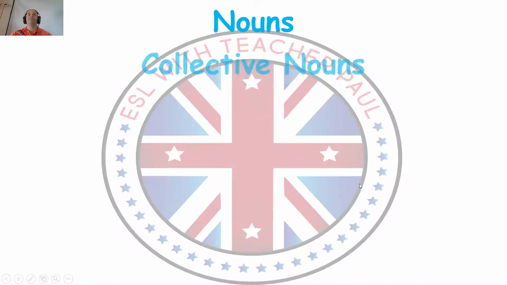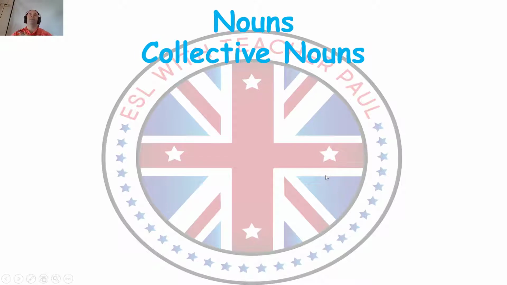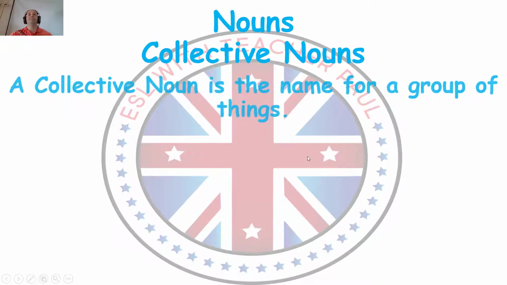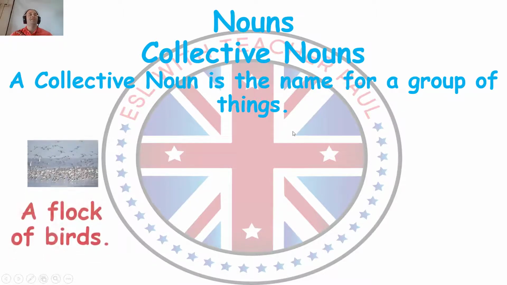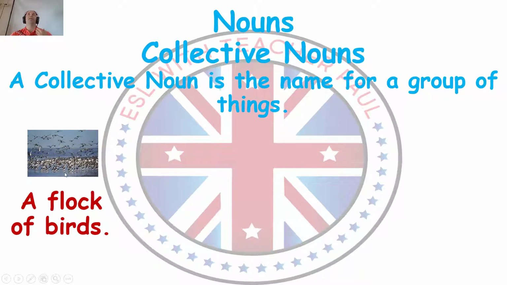Next kind of noun is a collective noun. Okay, collective noun is a name for a group of things. Okay, they go together, there is a group of them. For example, if you see lots of birds in one place, you could say that is a flock of birds.